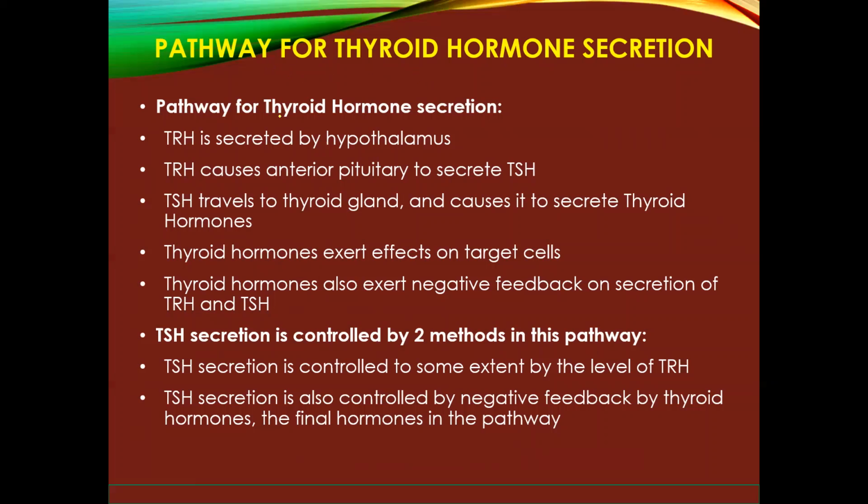Okay, the pathway of the thyroid hormone. If we talk about thyroid hormone, it will start from TRH, that is produced by the hypothalamus. This TRH will stimulate the production of TSH from the anterior pituitary gland.